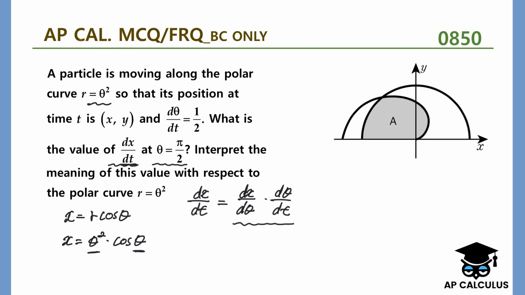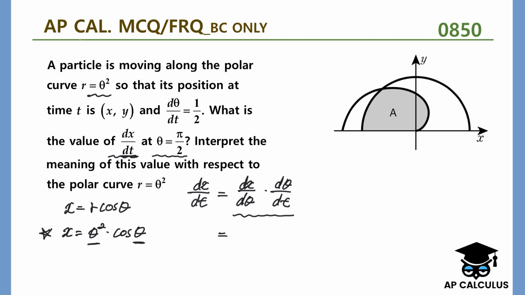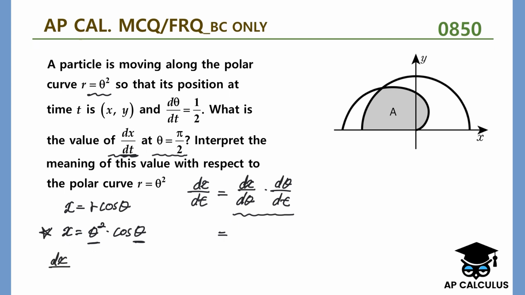So dx over d theta is the derivative of this equation right here. Since x is theta squared times cosine theta, we're going to have to apply the product rule. The derivative of theta squared is 2 theta, and we have cosine, plus theta squared times the derivative of cosine, that's minus sine.